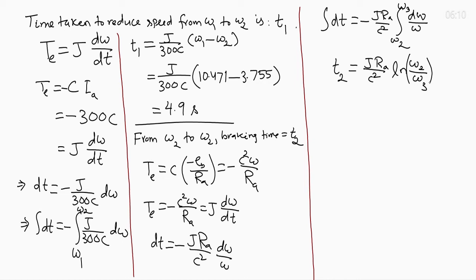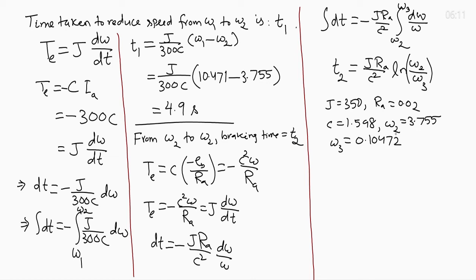You can substitute the values: J is 350, RA is 0.02, C is 1.598, omega 2 is 3.755 radian per second and omega 3 is 0.10472.